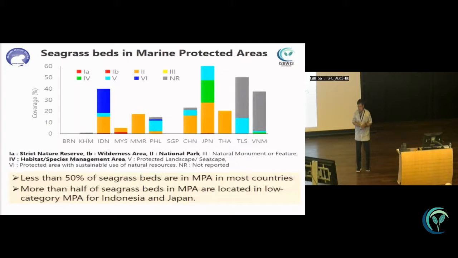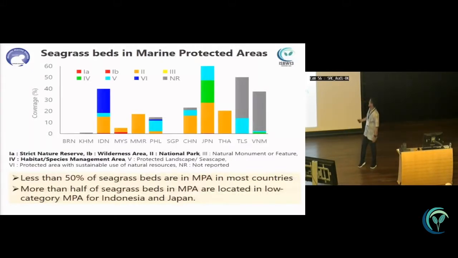This is the result for the polygon data. According to our survey, Japan has the best protection, then Thailand, Vietnam and Indonesia, and unfortunately Brunei and Singapore have the least coverage.